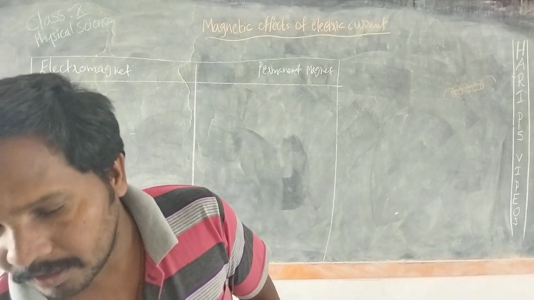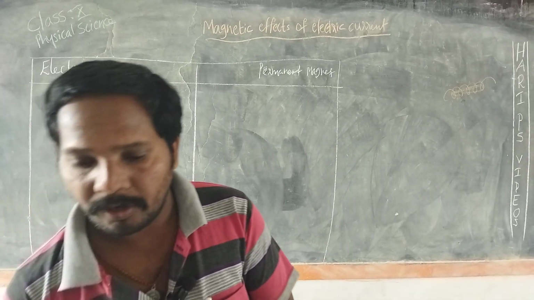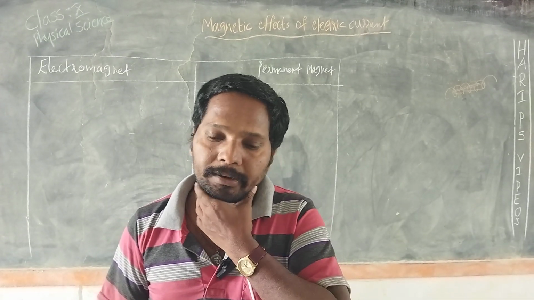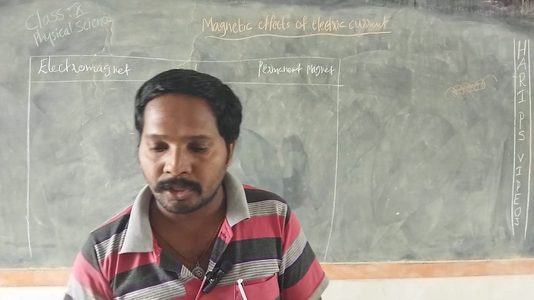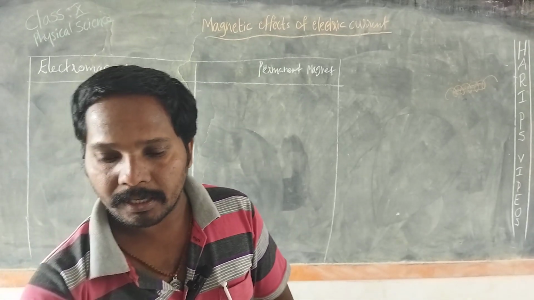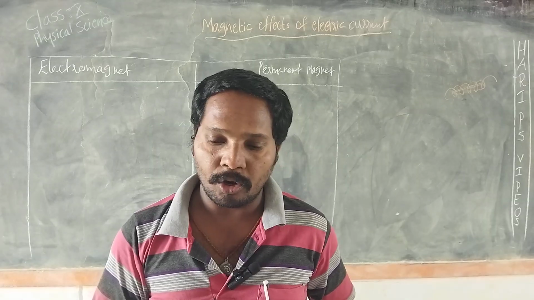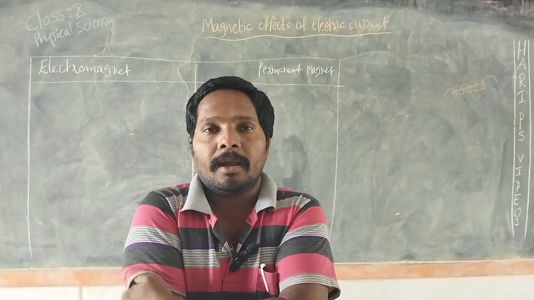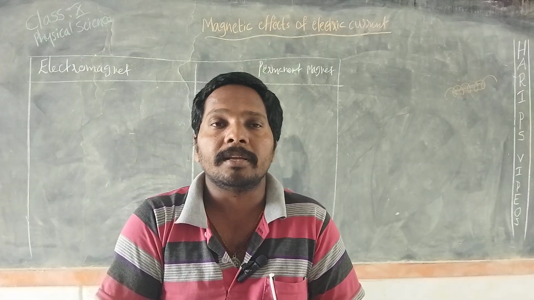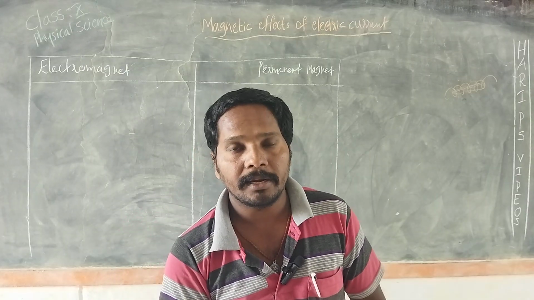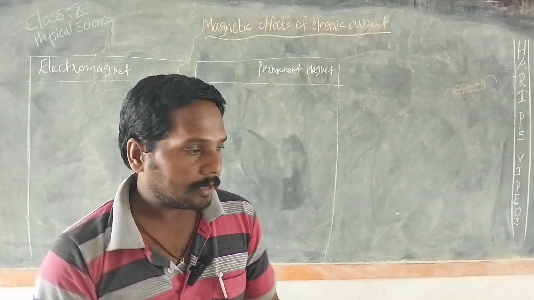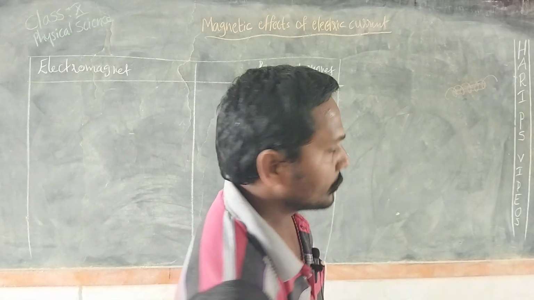An electromagnet is a magnet consisting of a long coil of insulated copper wire wrapped around a soft iron core, that is magnetized only when electric current passes through the coil.